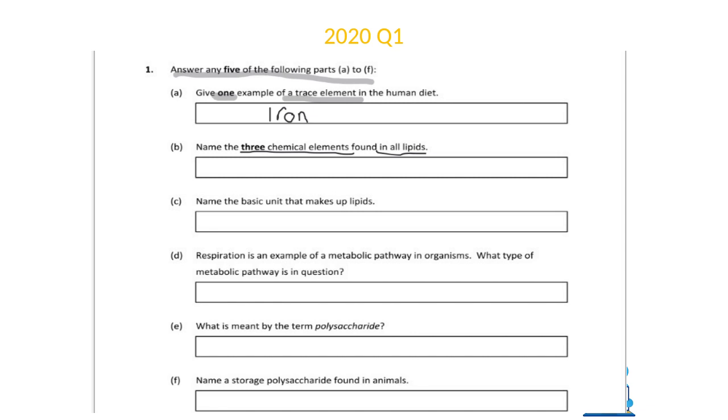So the 3 elements found in all lipids are carbon, hydrogen, and of course, last but not least, oxygen.